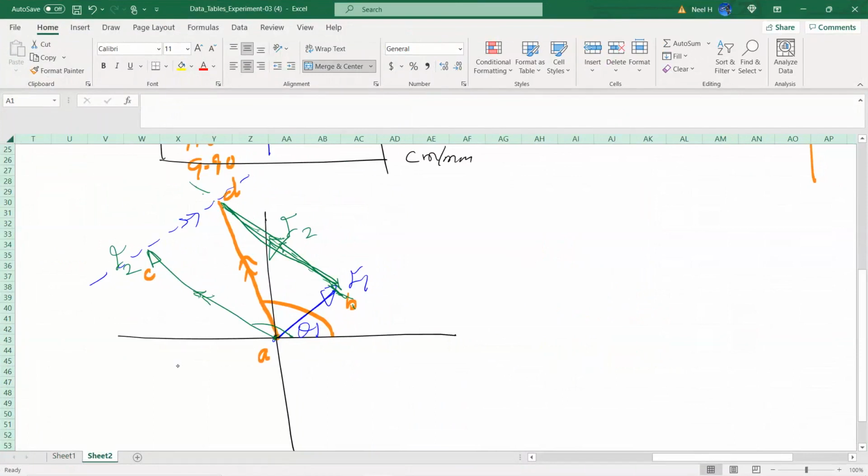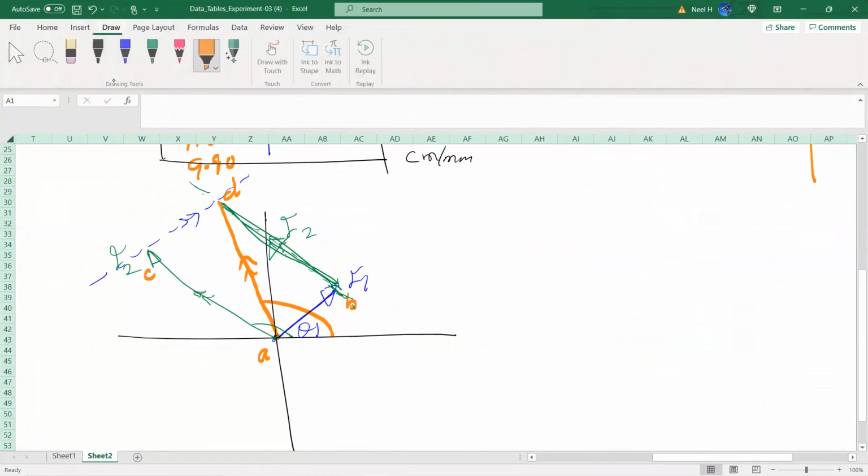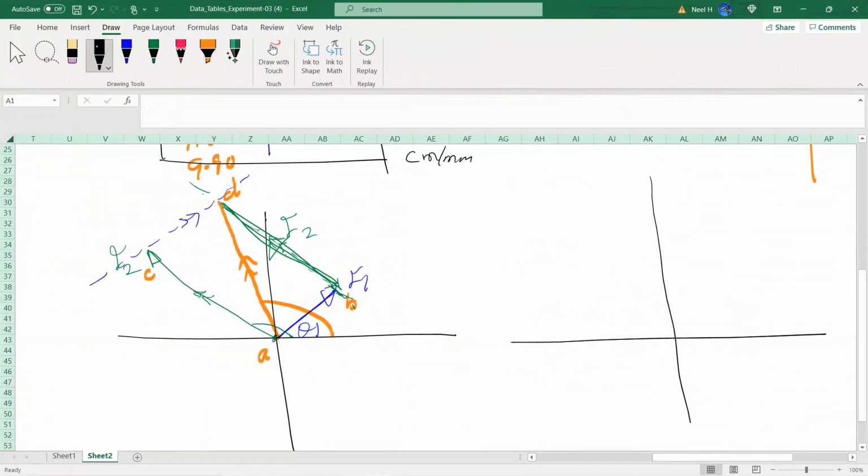So when you're making the three vector case, you can start with the resultant from 1 and 2. This is going to be R12, the result from the previous two. This angle 114 will be your first vector.